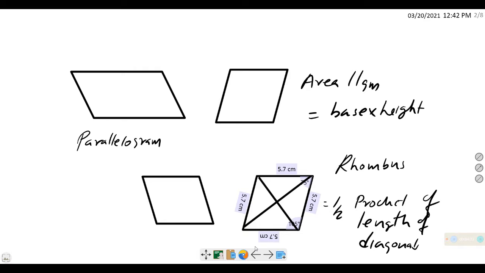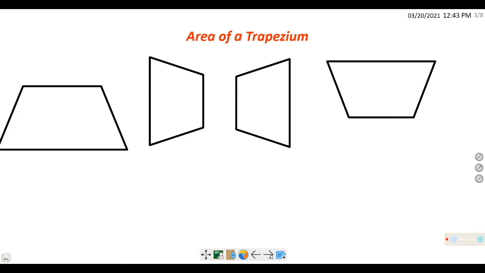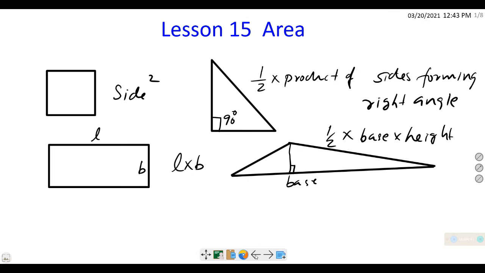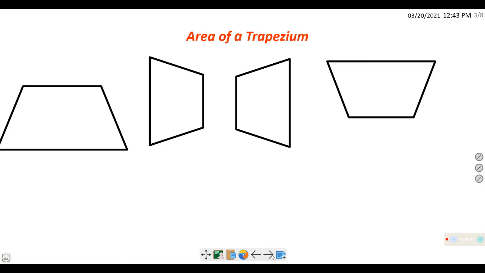The chapter is talking about the area of a trapezium as the next topic. This is what a trapezium is. What is the difference between this particular figure and the figures which you just saw before? These are parallelogram, square, rectangle, triangle, and here we got a new figure in mathematics named trapezium.